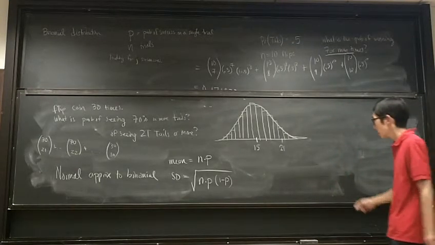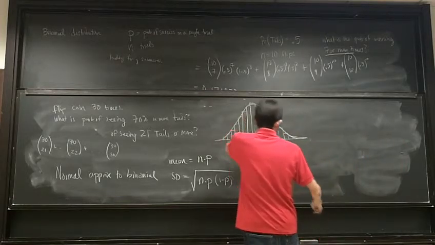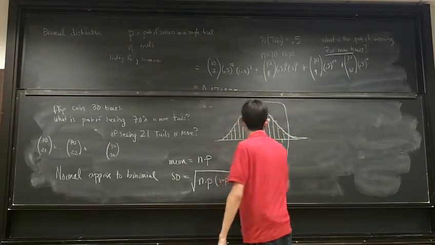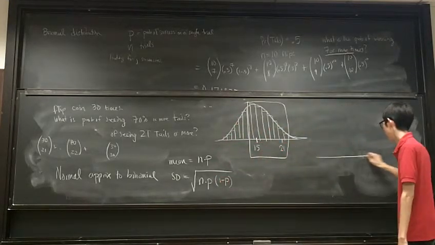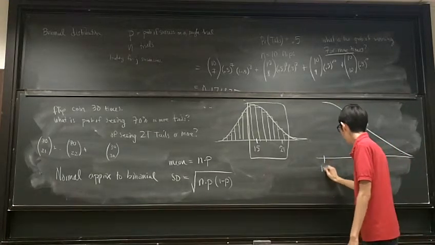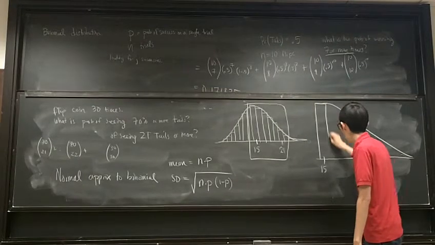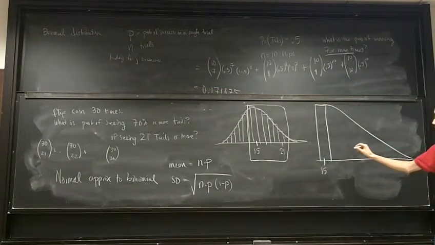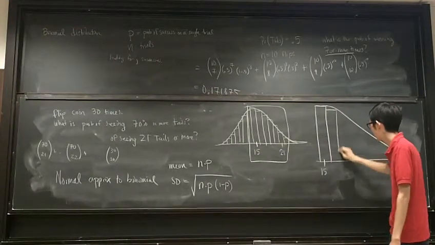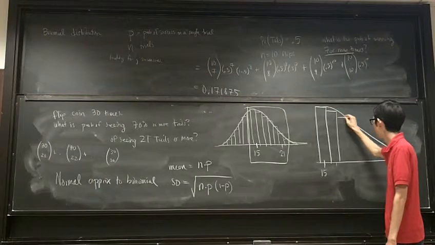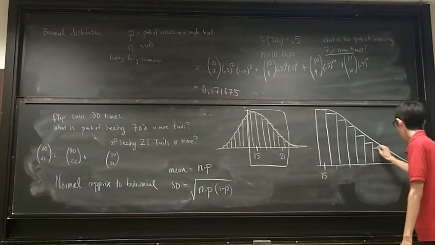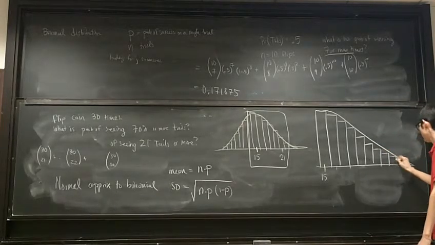So let's zoom in on this portion of the curve here. Imagine I've got a bar representing 15 tails. Then I have one at 16, 17, 18, 19, 20, 21, 22, 23.